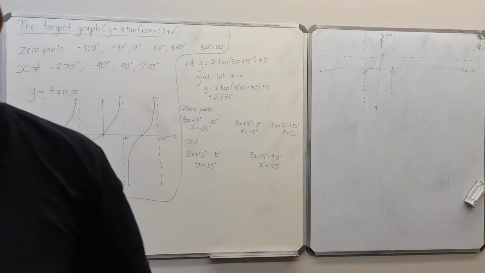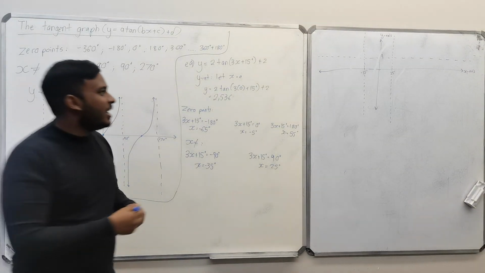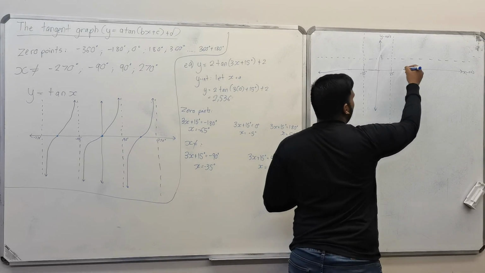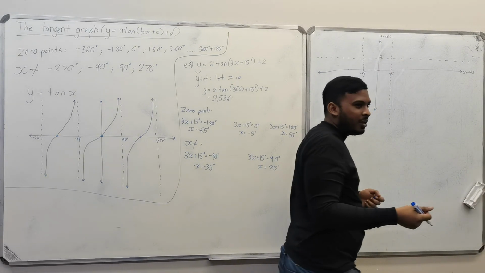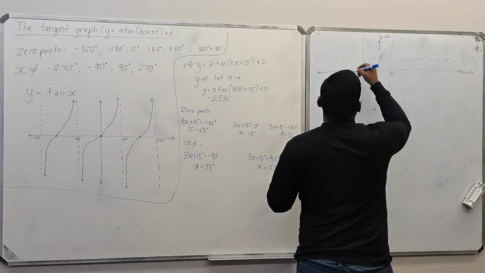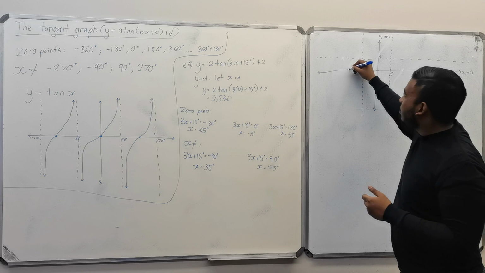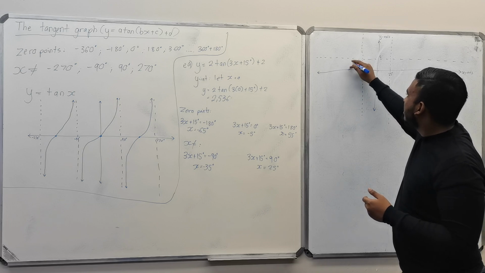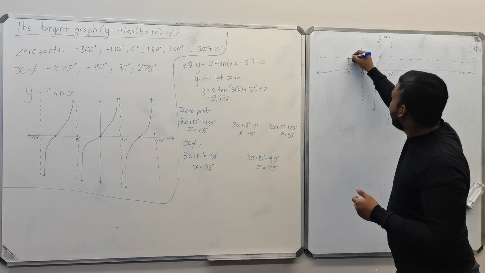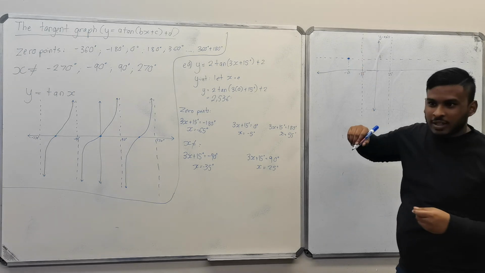Now we're 2 units up, right? It shifted 2 units up. Where I drew my line, did I draw it in the middle line? No, I drew the x-axis, which is incorrect, right? So this value here was our center point. It was minus 65. So that is actually the center point, right?